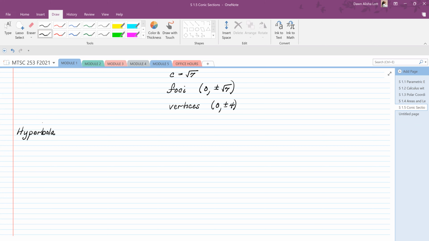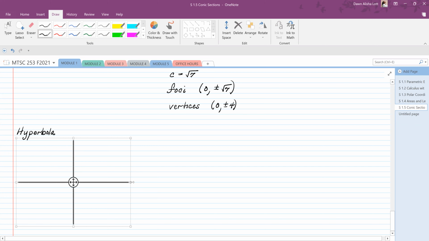Okay. So now with this hyperbola, this time I'm going to draw my vertices. Well, here's my foci. Okay, so this one F2 again is C, 0, and this one over here F1 is negative C, 0.